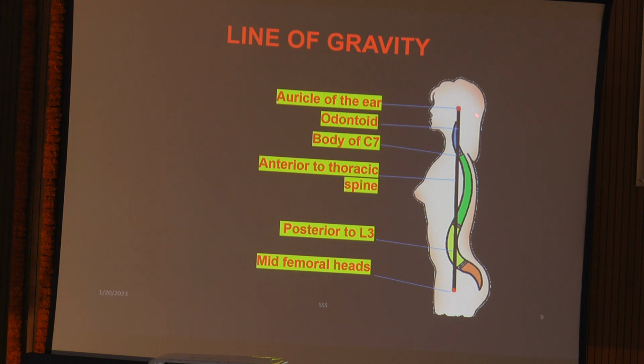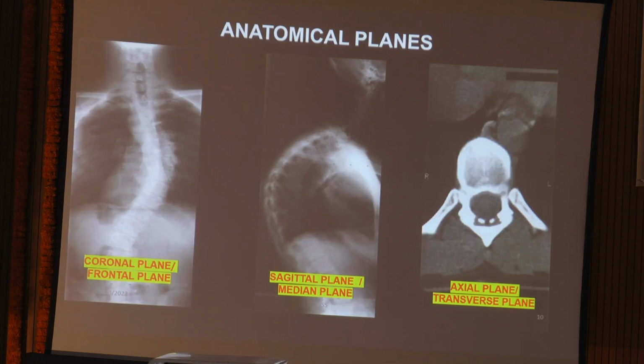It's passing the auricle of the ear, the odontoid process, body of C7, anterior thoracic spine, the first T1, it cuts the T12, posterior to the L3, that is the L3 vertebral body, and the midpoint of the femoral head, bilateral femoral head. Now this is for the radiology department because this is what we don't prescribe properly.